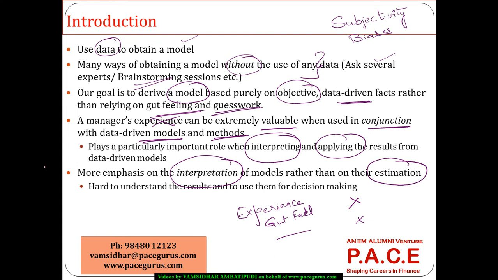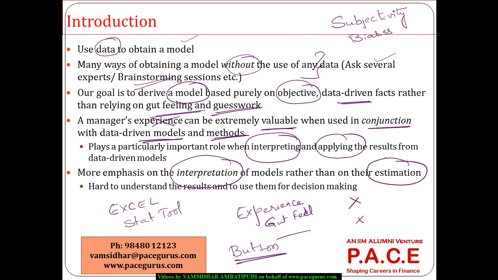estimation, because the majority of tools, like a spreadsheet such as Excel or any statistical tool, have the capability of generating a regression equation with just a click of a button, with just one menu driven item. So there is nothing much in terms of generation, and once it is generated, using that for estimation is also a one step item.